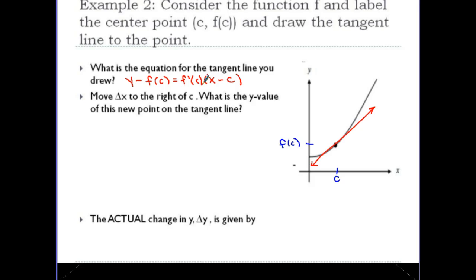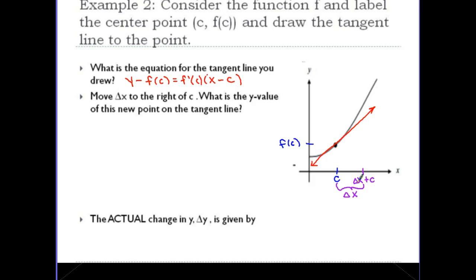If we consider delta x to be to the right of C, we're going to make a new point. We're going to call this new point x plus c. So this distance here represents delta x.